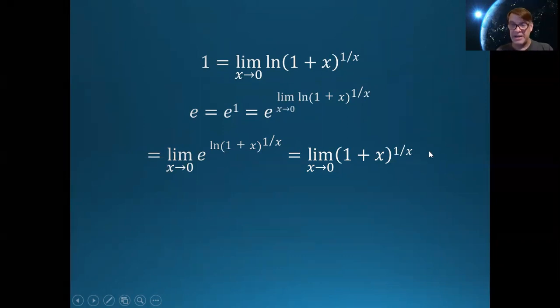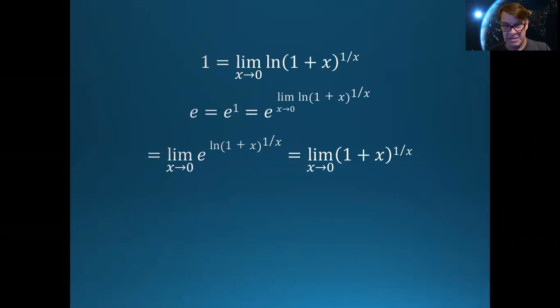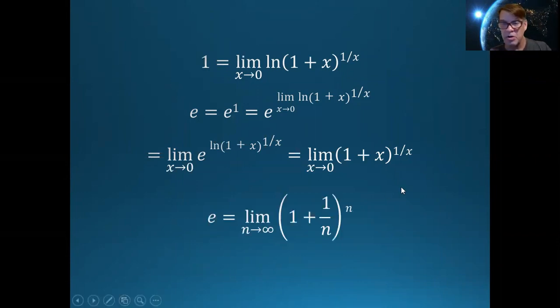Okay, that's all fine and dandy. That's one way to define e: e is the limit as x approaches 0 of 1 plus x to the 1 over x. Now, if I define 1 over x as n, then it becomes what we started off with.